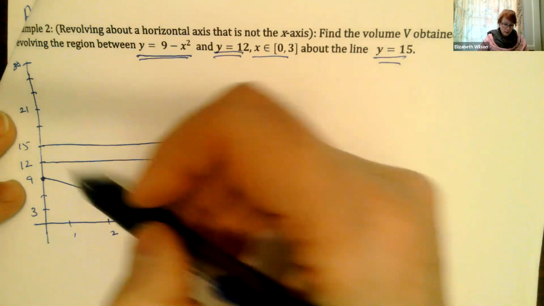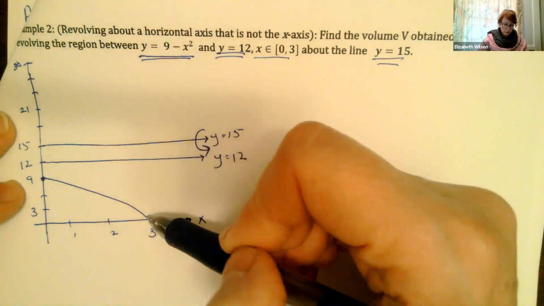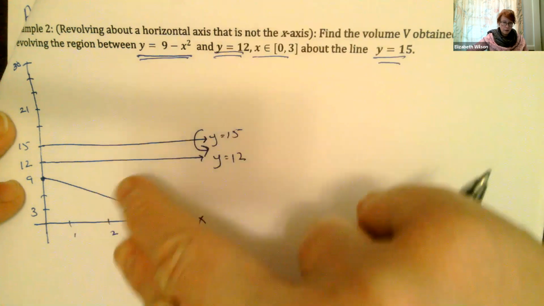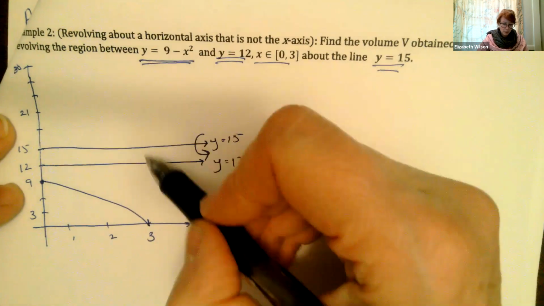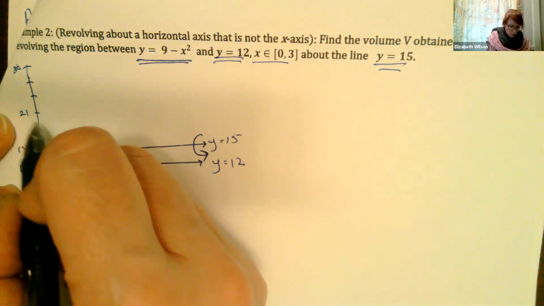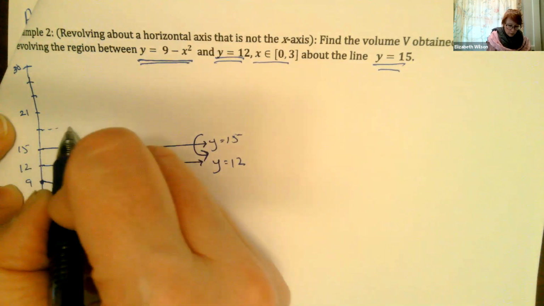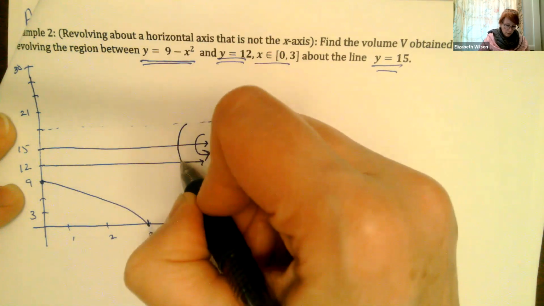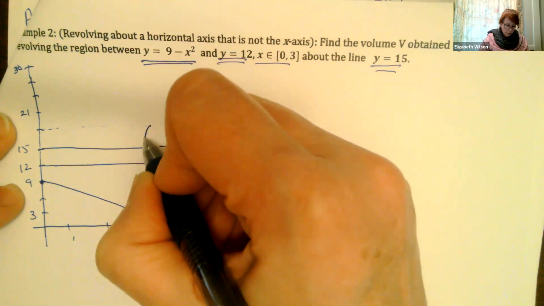I'm going to take this area between these two curves, between 0 and 3, and I'm going to rotate it around, and then I'm going to have an open space right here. But let's create this so we can visualize. So this is my other line that's going to create my inner, well, I'm sorry, I should draw it here.